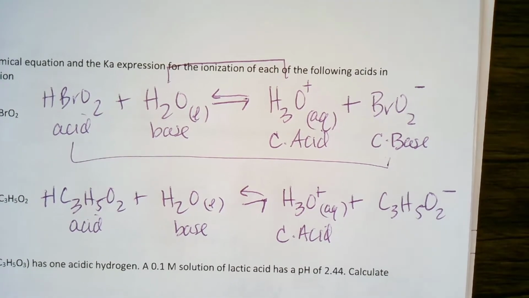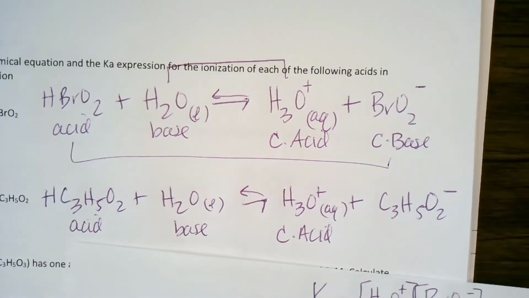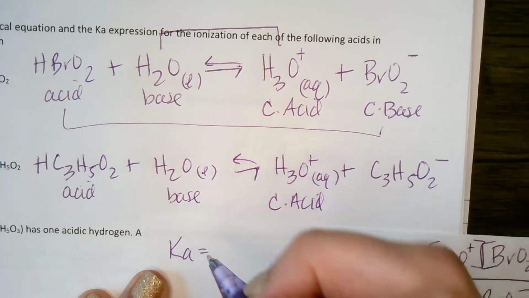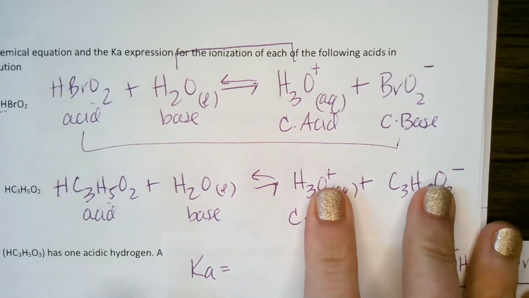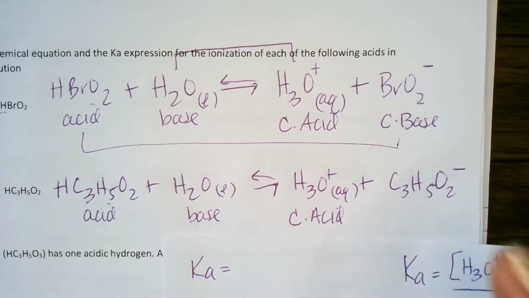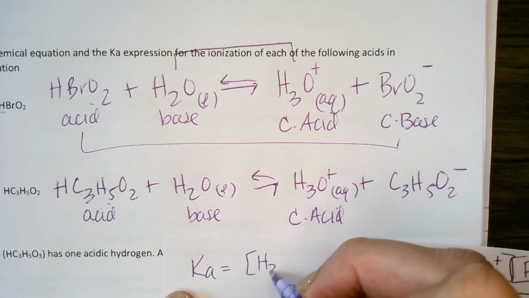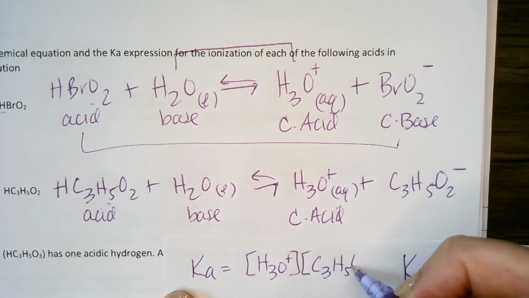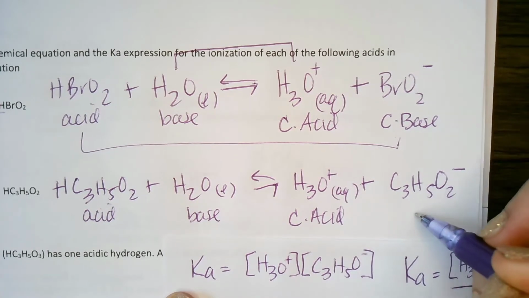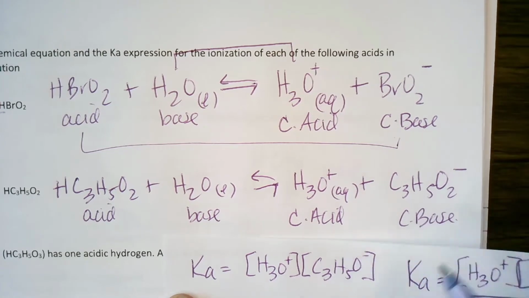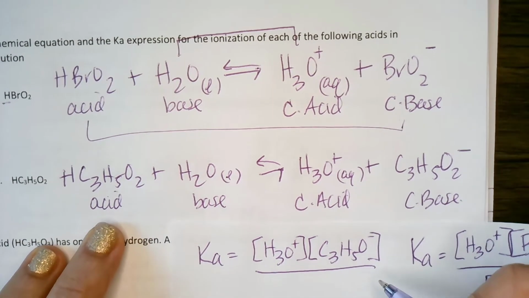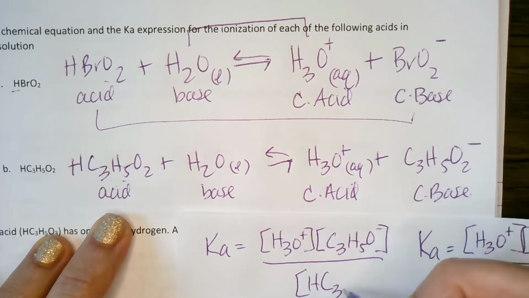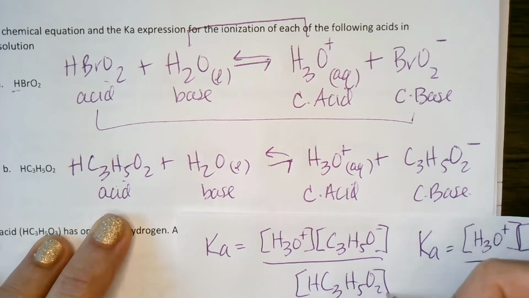All right, and then to set up our Ka for this expression, our Ka is equal to our products over our reactant, of course, with water dropping out. So our H3O plus times our C3H5O2 conjugate base all over the molecular form of our acid, HC3H5O2.